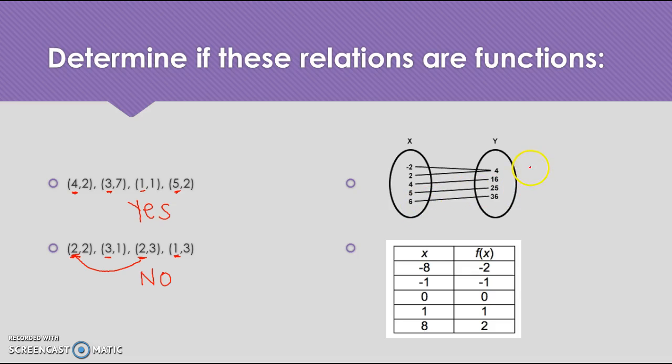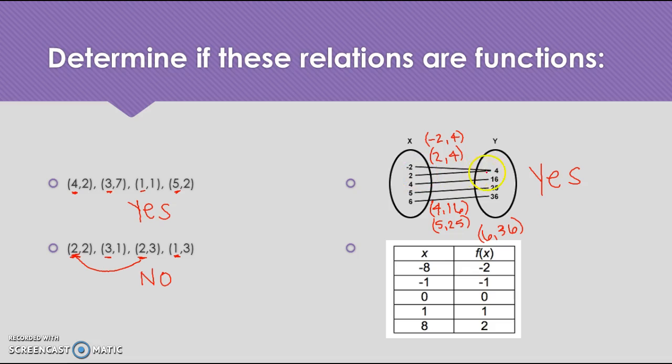Okay, that means that it is a function. Okay, if you were thinking about writing your ordered pairs for this, you'd have -2, 4; 2, 4; 4, 16; 5, 25; and 6, 36.